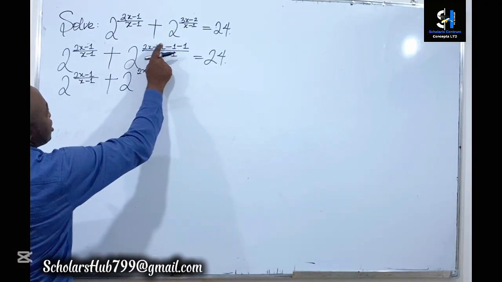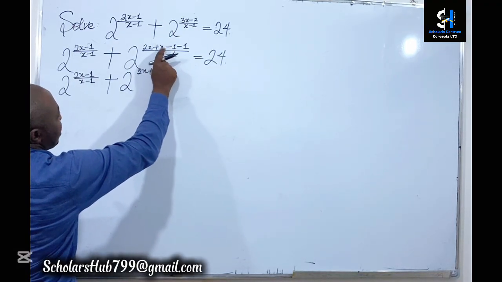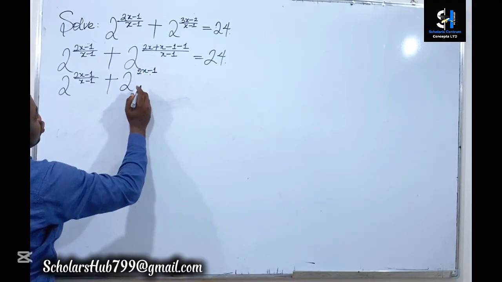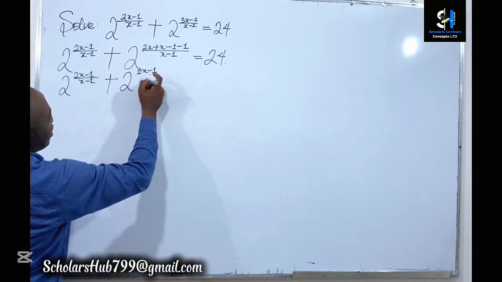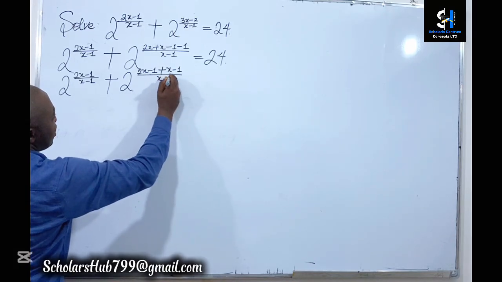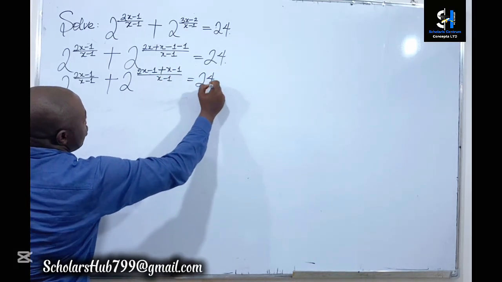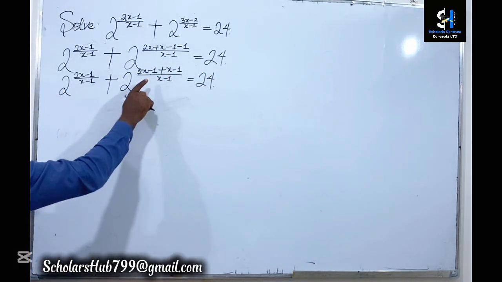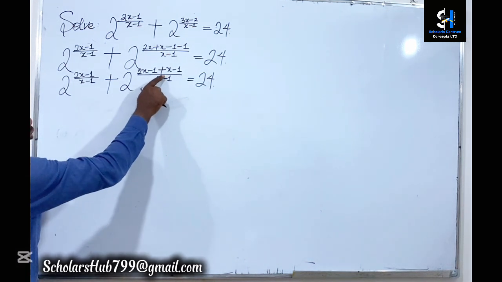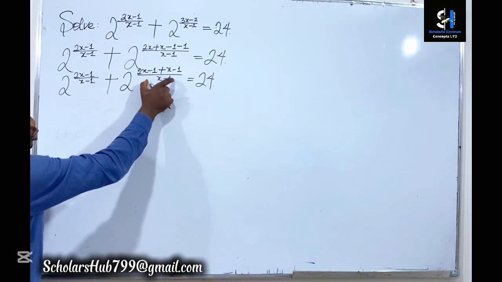Now I'm going to switch this, the x and minus 1, so that this will be 2x minus 1, then plus (x minus 1) divided by (x minus 1), equals 24.